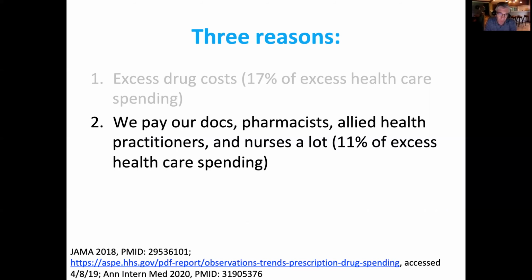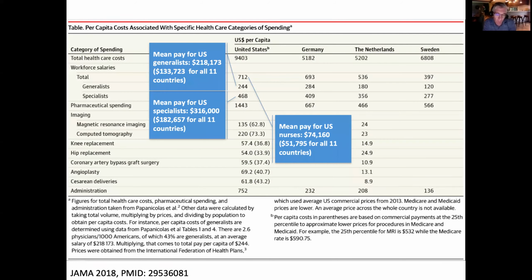So most of the excess spending in paying doctors is in surgical subspecialists. So you'll see that generalists, your internist, your family doctor, pediatrician, whatever, in this country, they make very good money. They make about $220,000 a year versus about $133,000 in other developed countries.